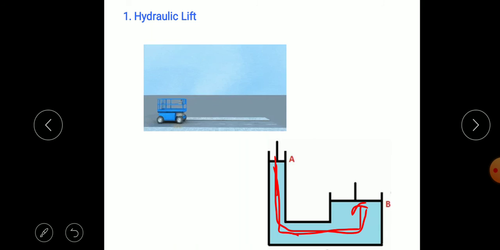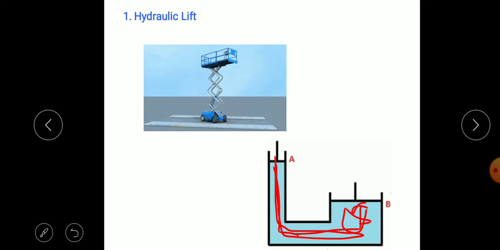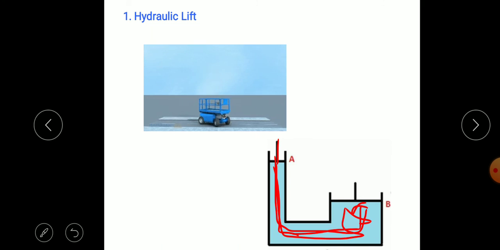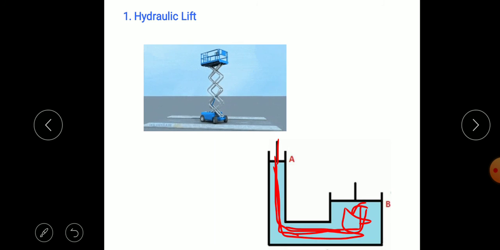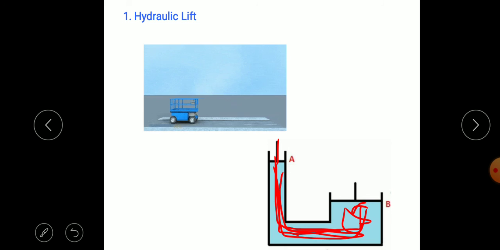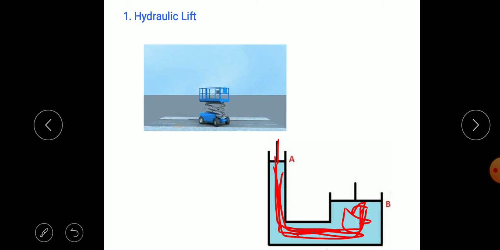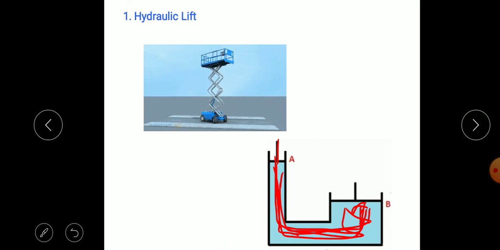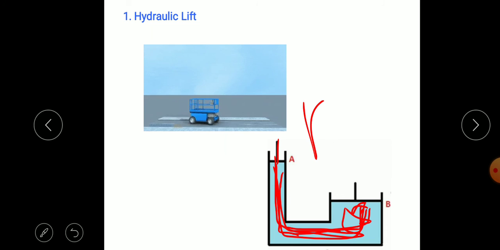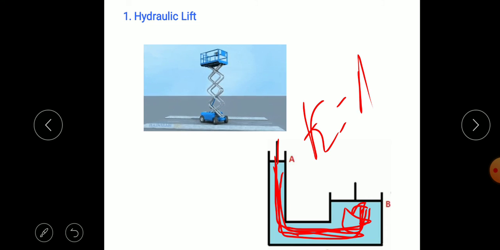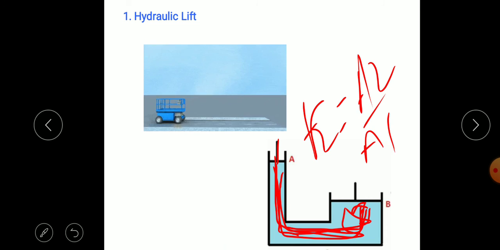So in this cylinder, the blue is the hydraulic fluid, and pressure is applied at one point. This pressure will be equally transmitted to the other side, and here we get more force because the force is amplified: F2 will be A2 by A1 into F1.